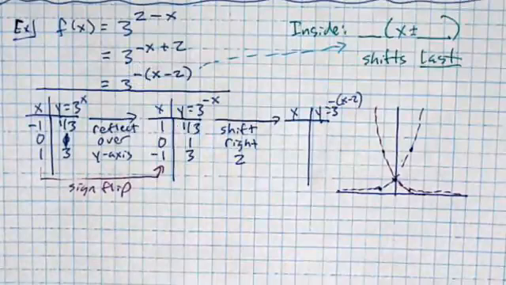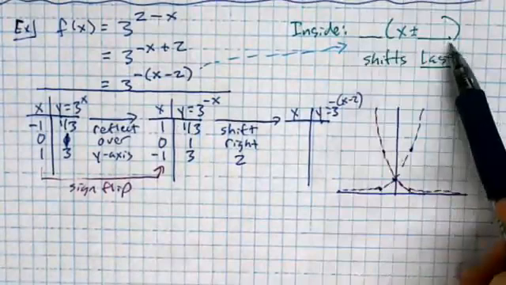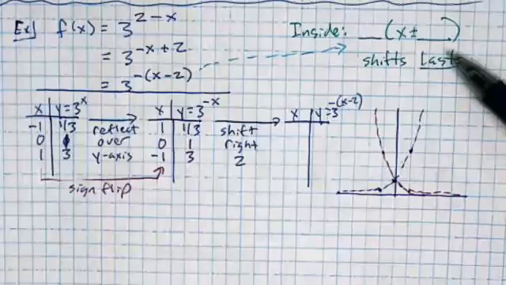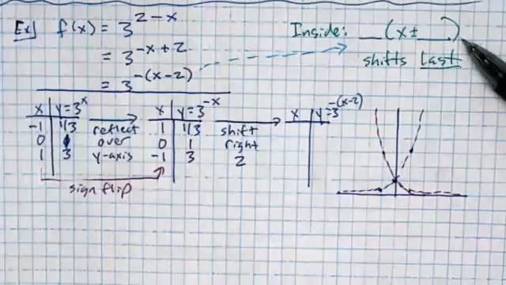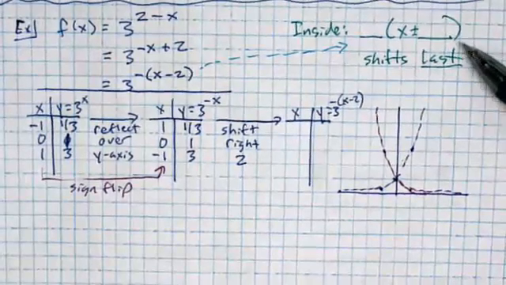If you can get the inside into this format, I think it's the simplest because then you know automatically your shifts are last. The other reason I'm encouraging you to get it into this format is when we get into chapter 4, which is graphing trigonometric functions, you definitely want it in this format. So if we get used to that right now, then when we get to chapter 4, you'll kind of already be in that mode. Does that make sense?